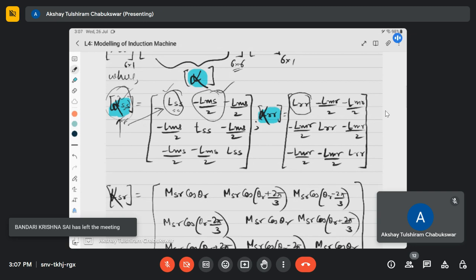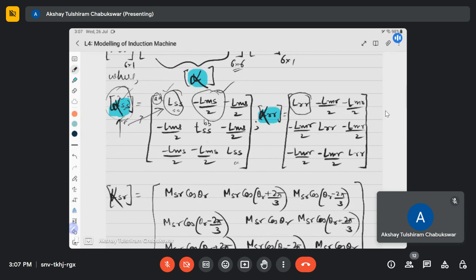LSS is the inductance for a winding due to the current in its own winding. So there is no mutual term here. The first term is AA, second term is BB, third term is CC.